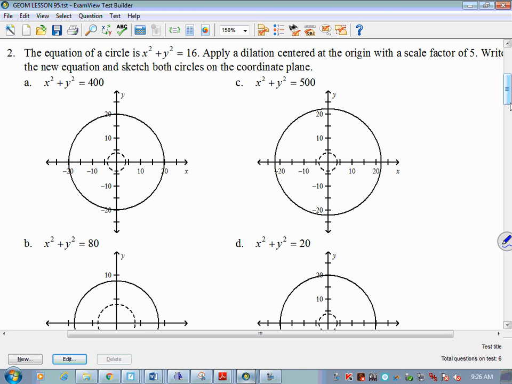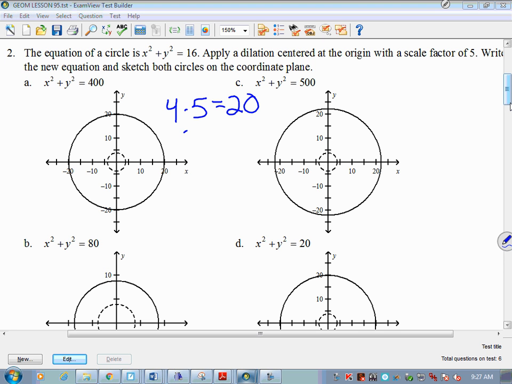What we want to do is take our radius, multiply that by 5, and then square that. So we already said that the radius was 4. What's 4 times 5? 20. Now, we're not going to write 20 like we see on D. What do I need to do with 20?